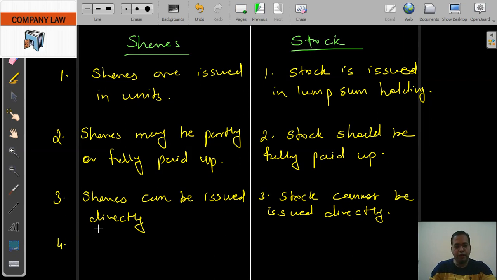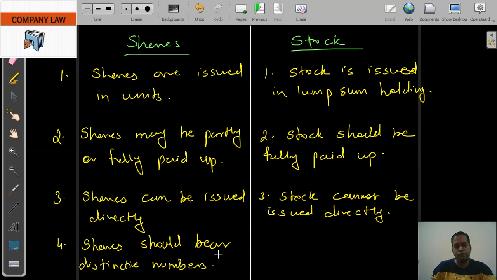Shares should bear distinctive numbers. But what about the stock?